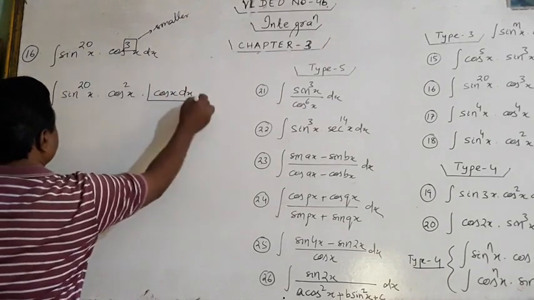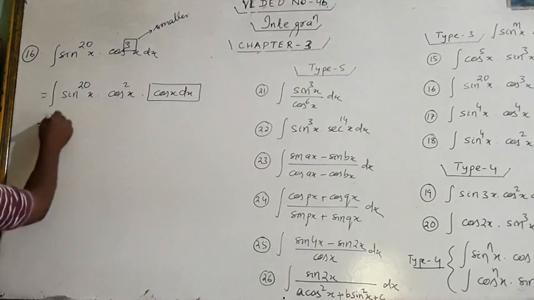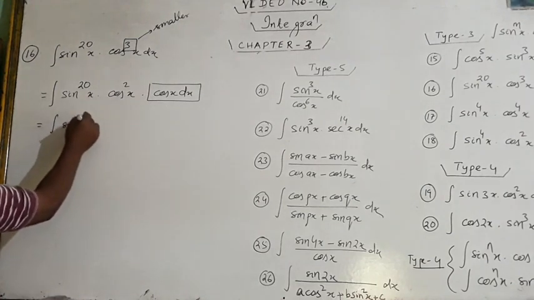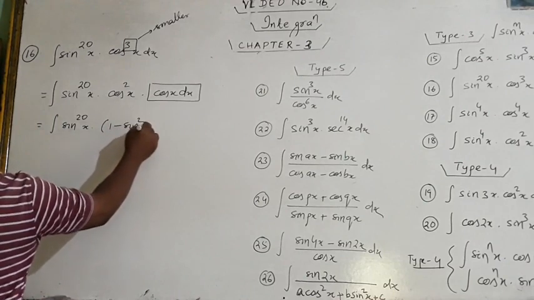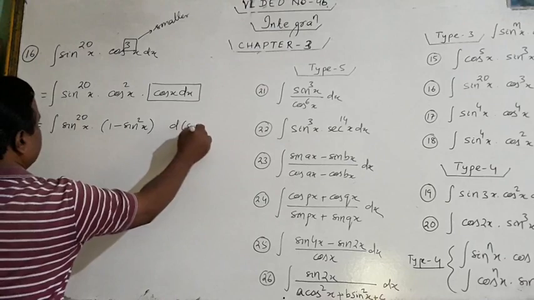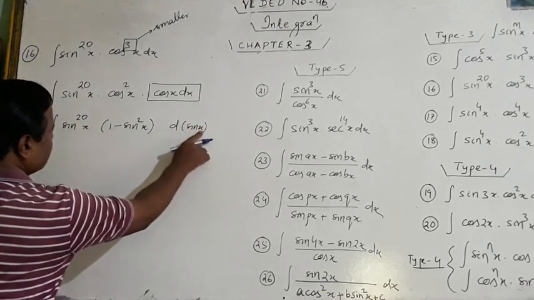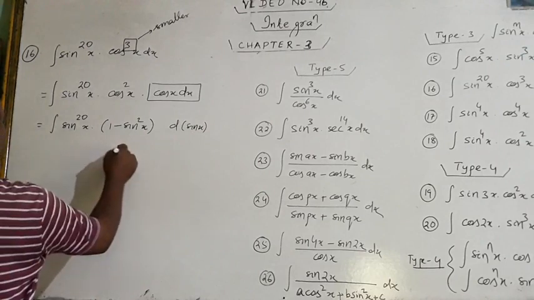If it is cos x, convert everything to sin as the big power is in sin. So it is very interesting now. It is 1 minus sin square x, cos x. Cos x dx is the derivative of what? Derivative of sin x. Derivative of sin x is cos x into dx as the variable is x. So put what?